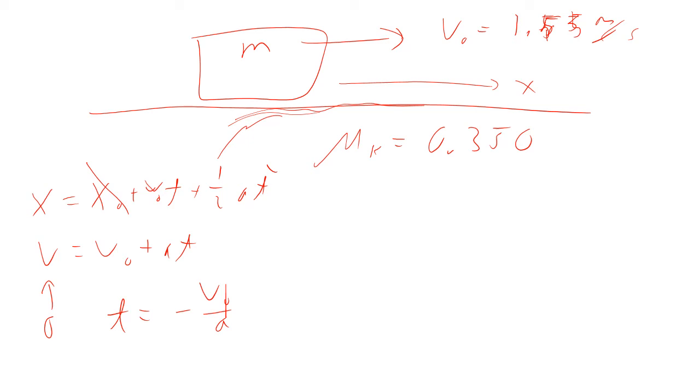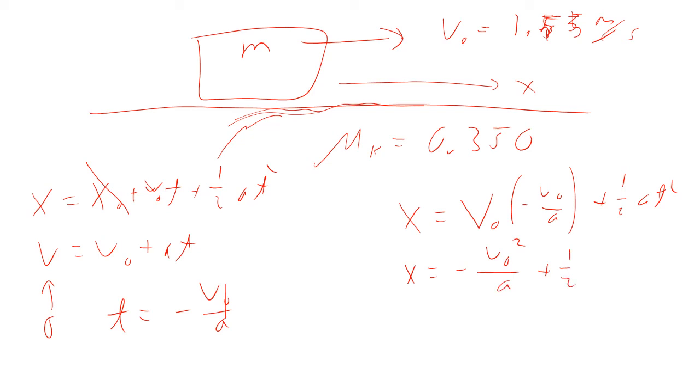If I plug that in, x equals v0 times minus v0 over a plus 1/2 a times v0 over a squared. So this is minus v0 squared over a plus v0 squared over 2a, which comes out to minus v0 squared over 2a.